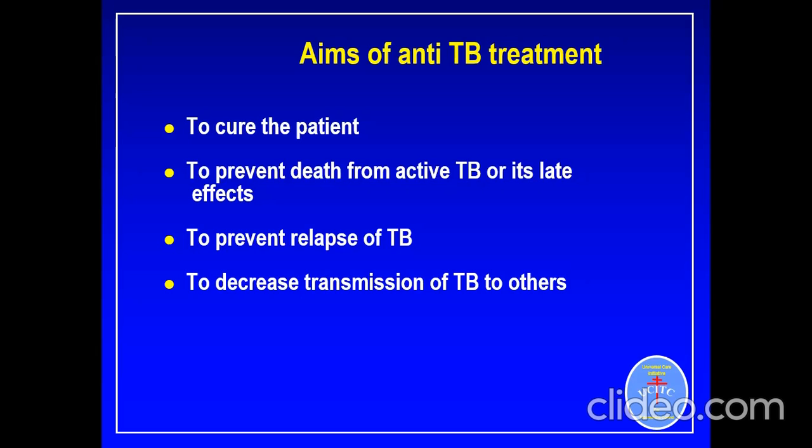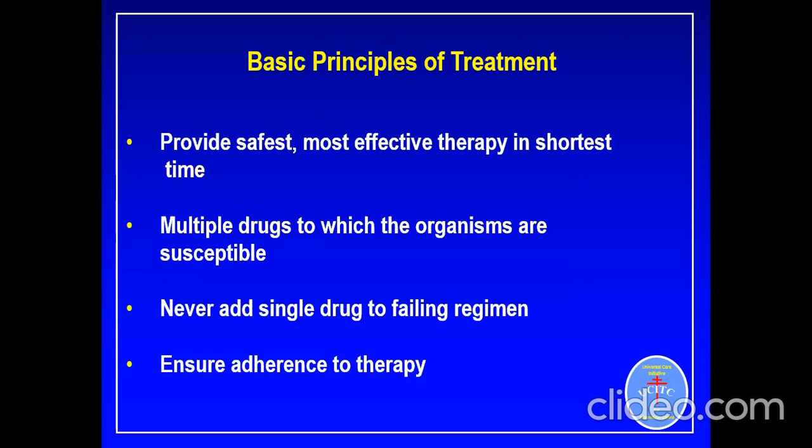Prevent relapse of tuberculosis. That's also one of the main aims. And of course, treat early and decrease transmission of TB to others so that the pool of infectiousness is reduced and the transmission is reduced in the community. So these are the aims of anti-TB treatment.